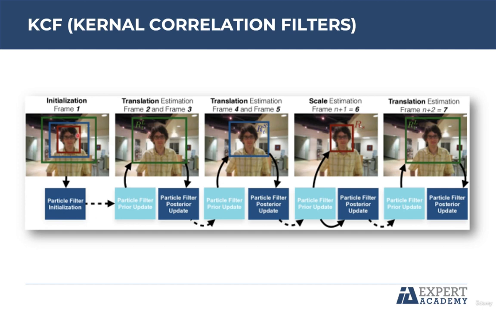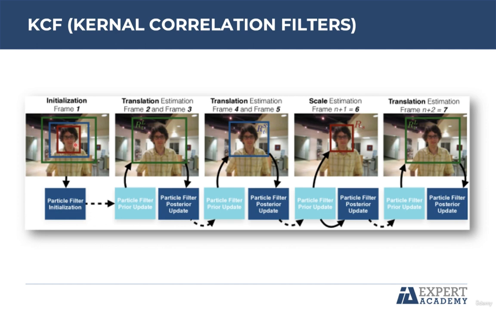We have here the first frame, which is the initialization or the definition of the object to be detected. When working with videos, we use the first frame to select the object we want to track. Let's assume that we selected this red frame here.